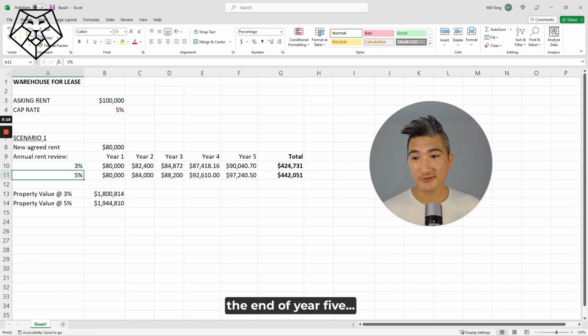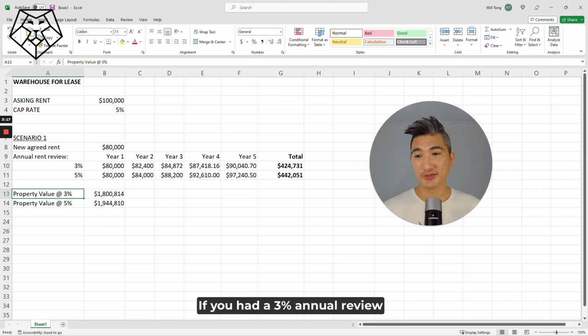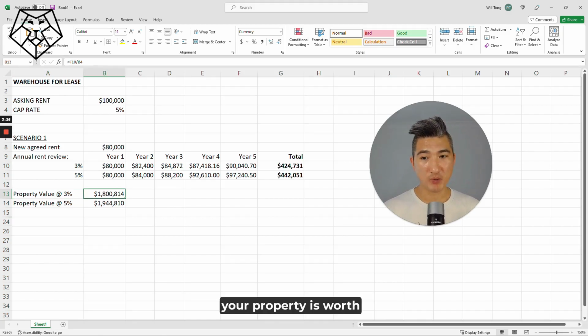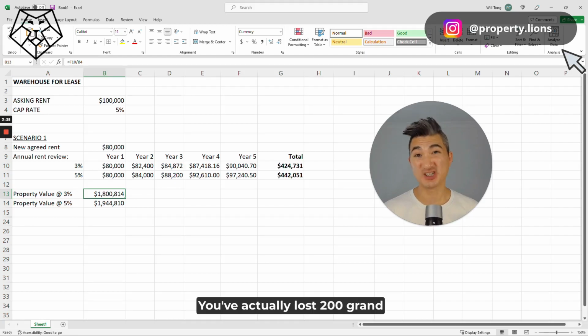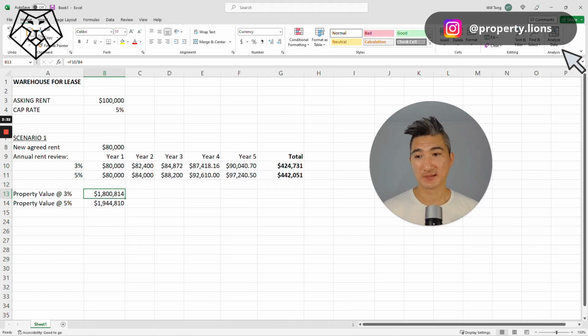So how does that translate to your property value? At the end of year 5, if you had a 3% annual review and you're collecting $90,000 in rent, based on the same cap rate, your property is worth $1.8 million. You've actually lost $200,000 in property value.